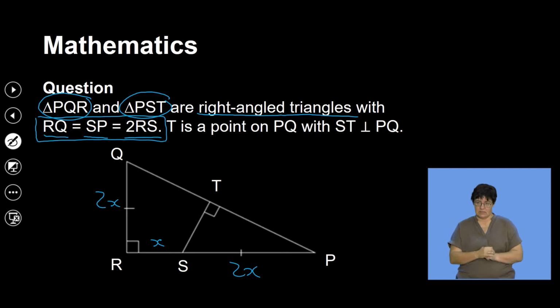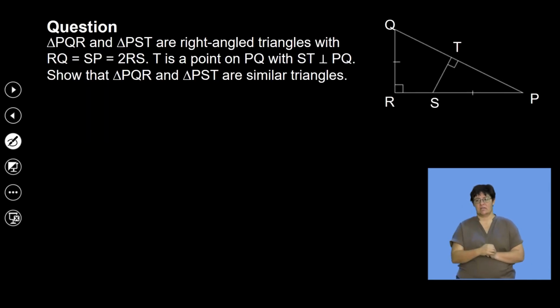And then T is a point on PQ such that ST is perpendicular to PQ. So you can already see there's a 90-degree angle there. On this diagram of mine, I'm just going to add what we just added, the x, 2x, and the 2x, because it will come in handy somewhere when we are solving this. Then what do they want us to do?